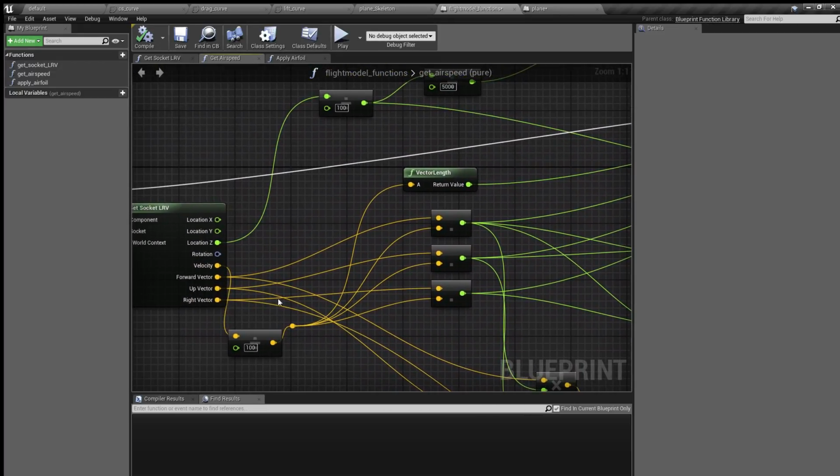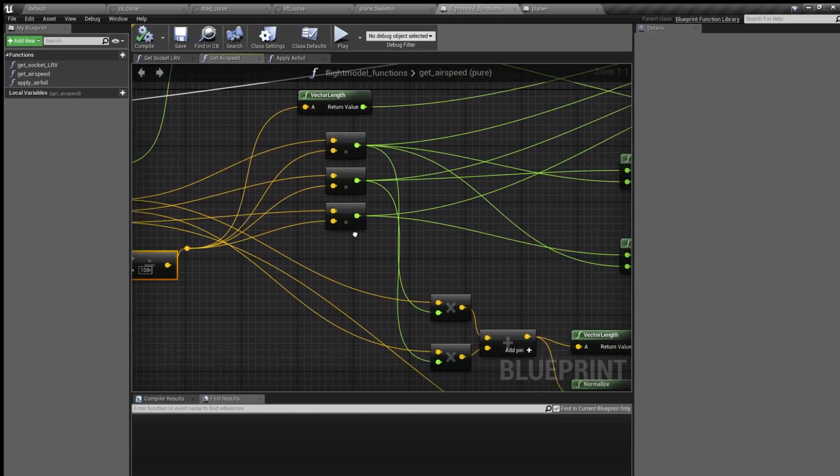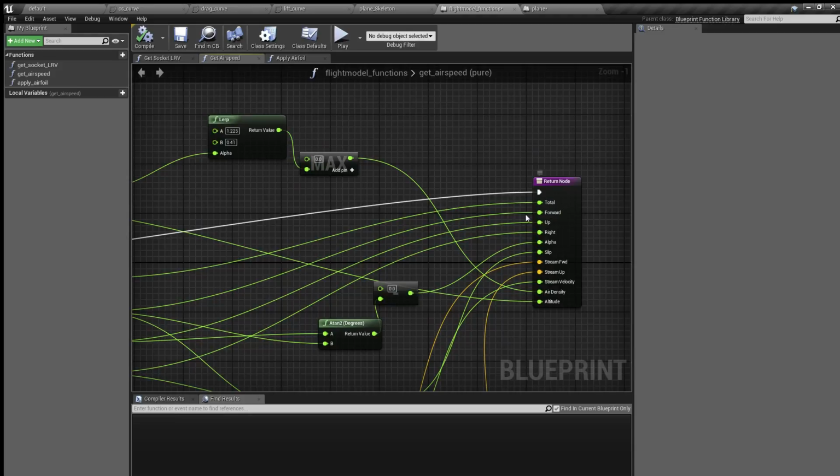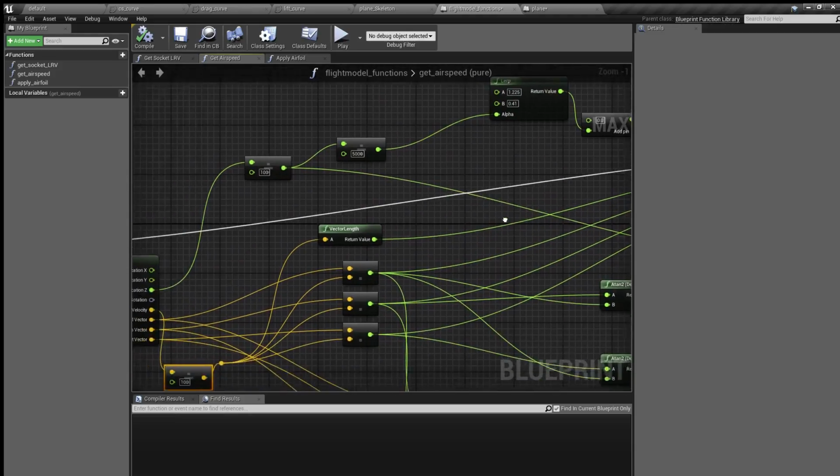Next, I calculate the dot product of these vectors I talked about earlier, forward vector and so on, with this velocity. And this will give me separate forward, up, and right velocity.